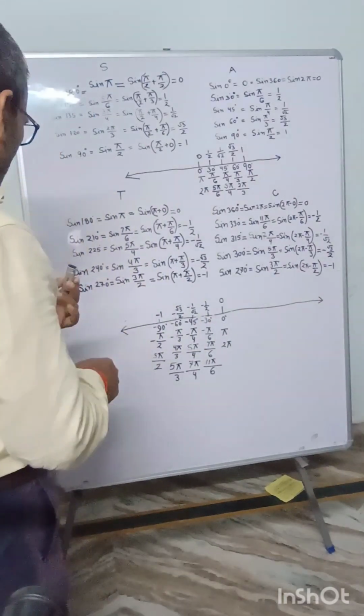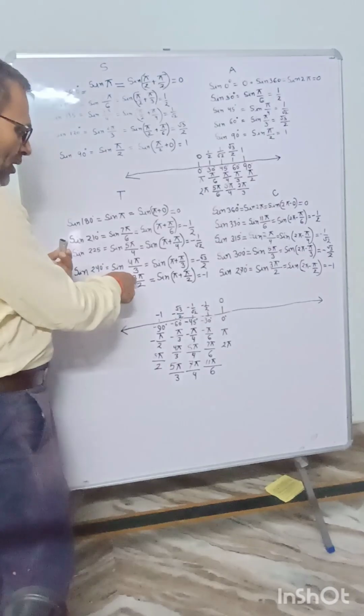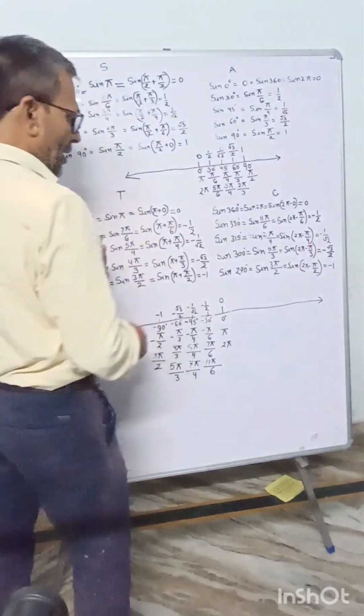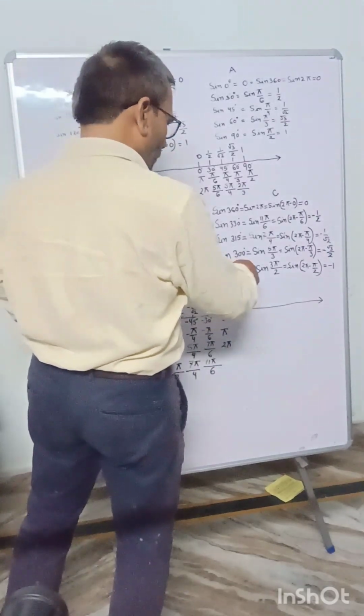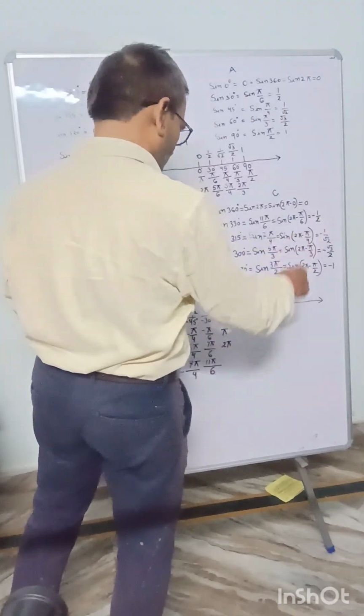In the same way, sine 270 is equal to sine 3 pi by 2 equal to sine pi plus pi by 2 is equal to minus 1. Sine 270 is equal to sine 3 pi by 2 is equal to sine 2 pi minus pi by 2 is equal to minus 1.